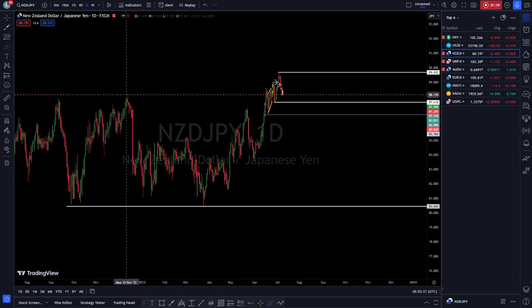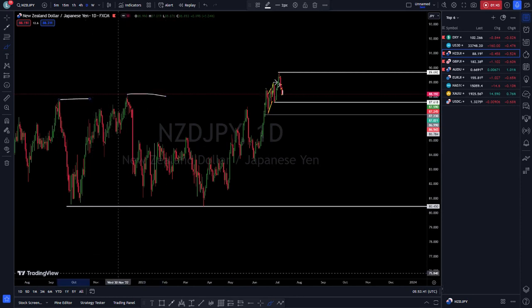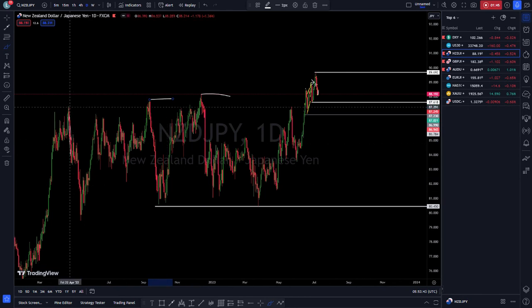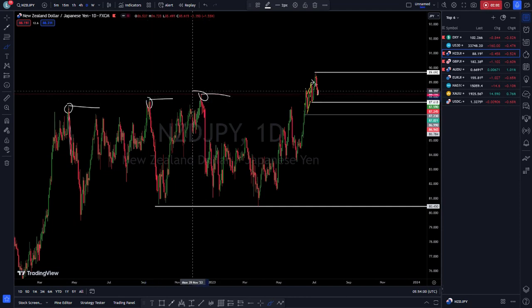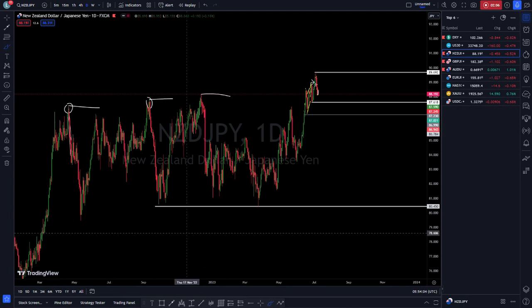So it has been breaking highs. See it broke this high and also this high. Just take a look at it. When it breaks this high and takes people out of the market, it tends to sell. Just look at the occurrence nature of this pair.